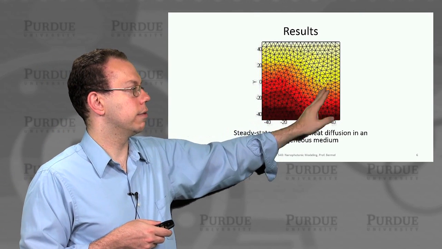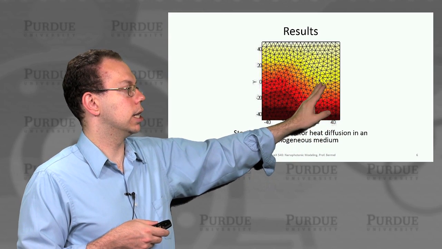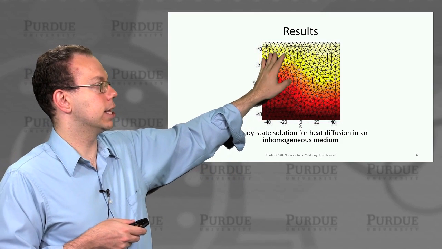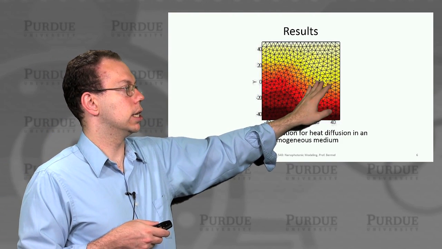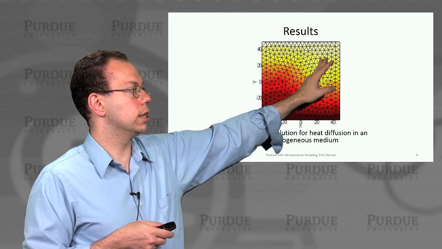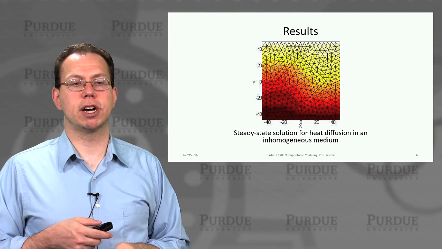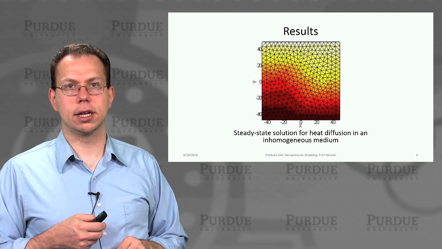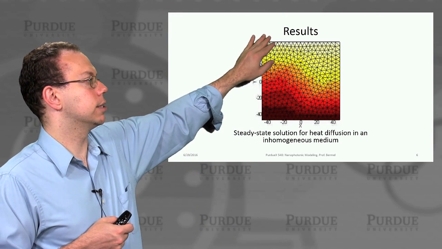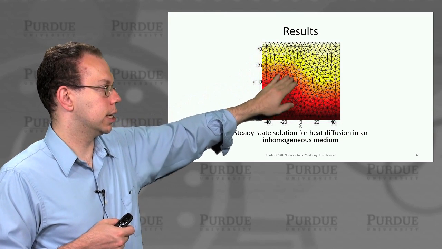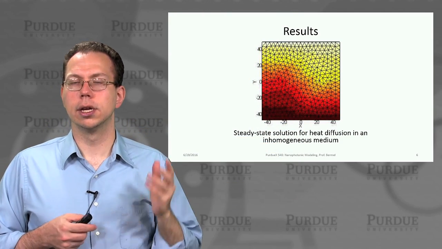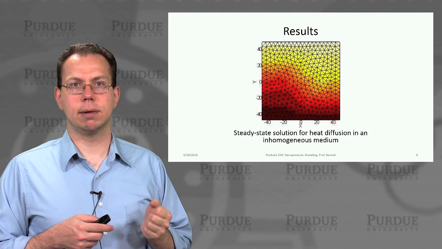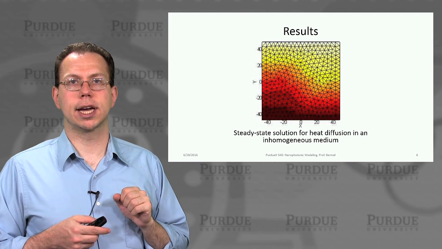And so you have a gradient that's much steeper here. This is a more gradual gradient, but then this becomes a higher gradient here, and then a lower gradient here, because it has to balance out at some point. But you can see it looks very inhomogeneous, even though if it was a bulk medium, then it would just be a uniform decrease as you go from here to here. Okay. So in the next lecture, we'll talk about more sophisticated examples and also validation of this kind of modeling approach.